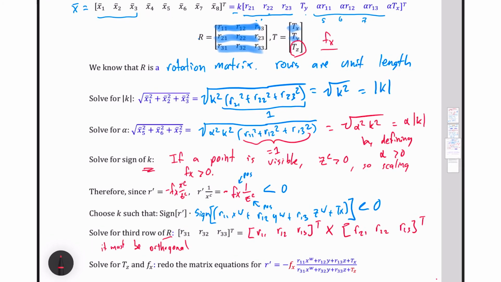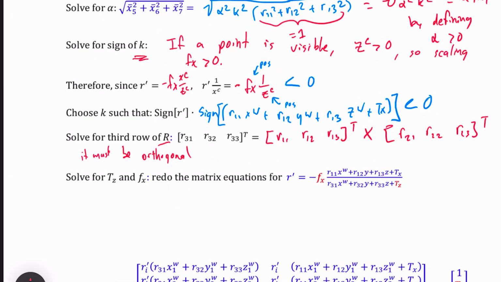We still want to know what is this tz, and we also need to know what is our fx. It's still unknown. And so what we do then is we just redo our matrix equations. We've got these two unknowns that we actually care about. So instead of setting our r prime equal to c prime, we're just going to grab our r prime value and multiply that out. It's a little bit tedious, but stay with me.